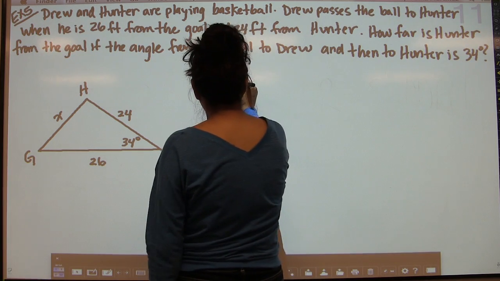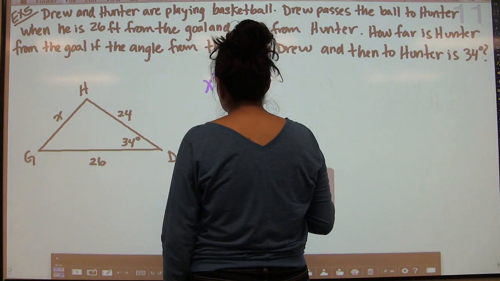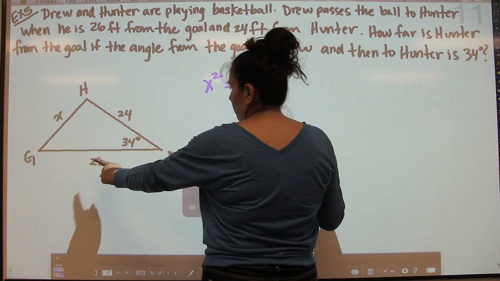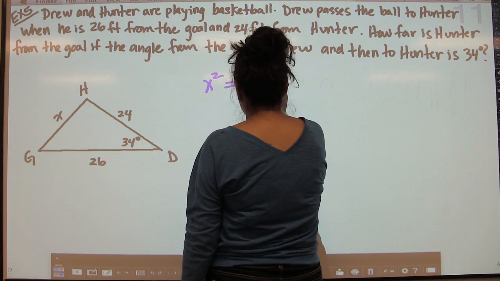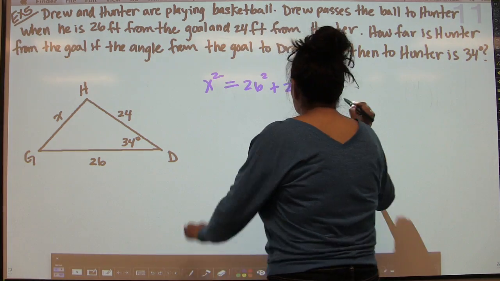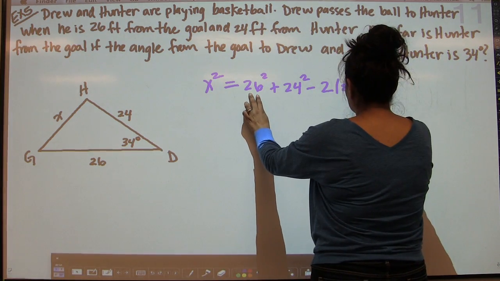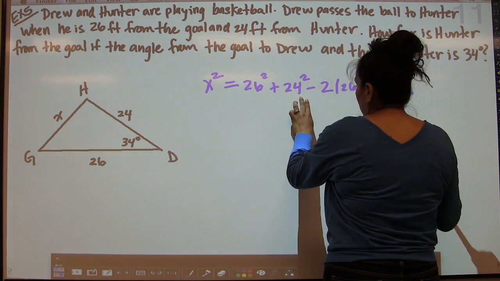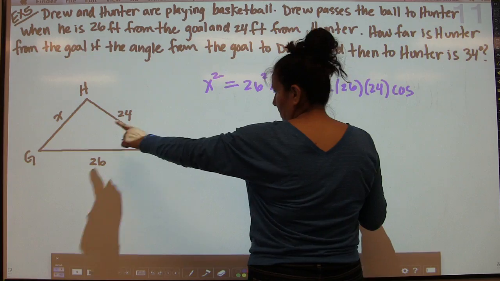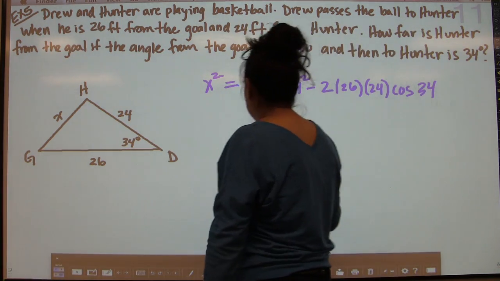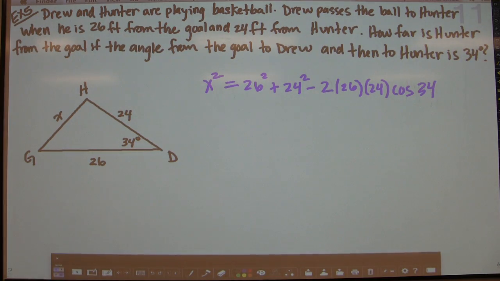It delays my videos, but it's okay. x squared is equal to the other two side lengths, 26 squared and 24 squared, minus, there's always a 2, then we use the same numbers from here, 26 and 24, and then cosine of the angle that is opposite x. And the angle opposite x is 34. So there we go.